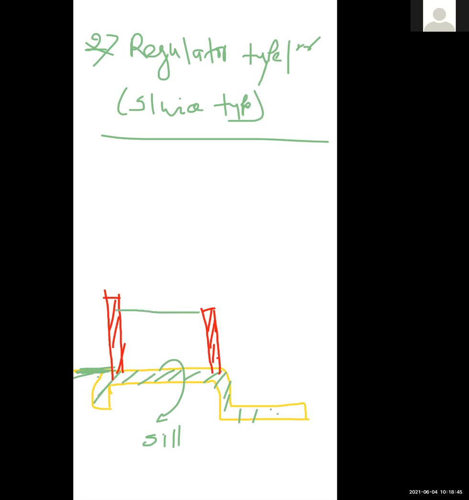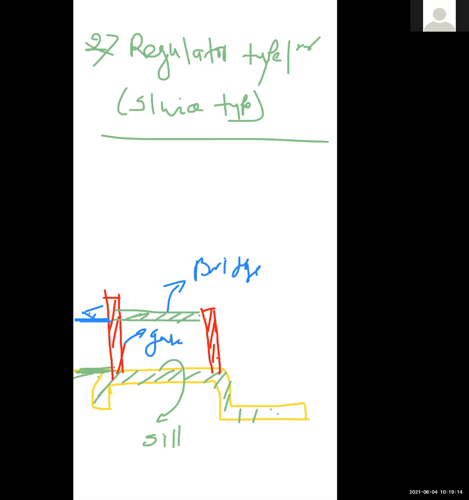And also a bridge here, and here is the water level. This is the bridge. This is the sill and this red portion is the controlling gate.